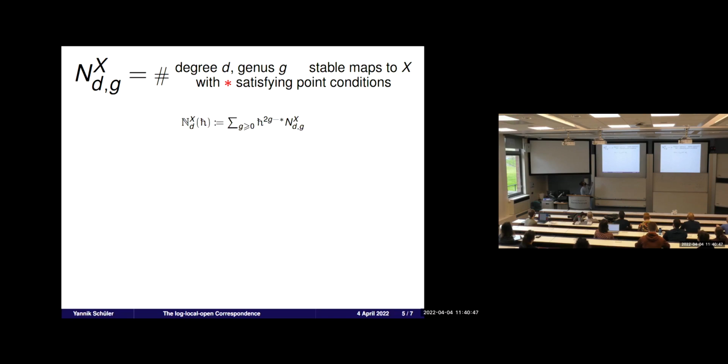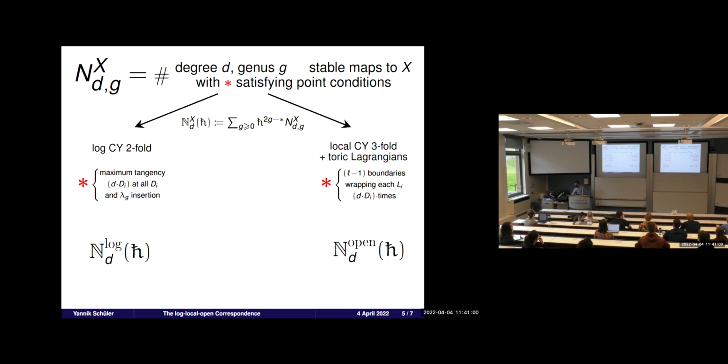And there I'm lazy. I just form the generating functions for all these invariants here with a variable h bar, and calculate all these numbers at once. And at this time, there's nothing here in the middle, just for the reason that the moduli space will have a negative expected dimension. So all the enumerative invariants you would have here, or most of them, would be 0 in higher genus.